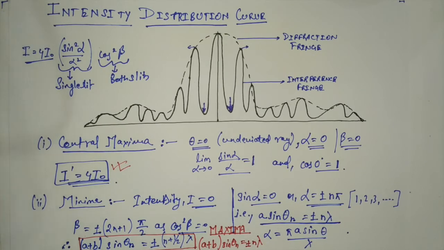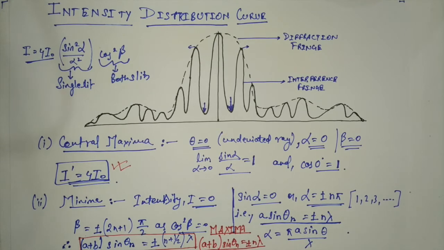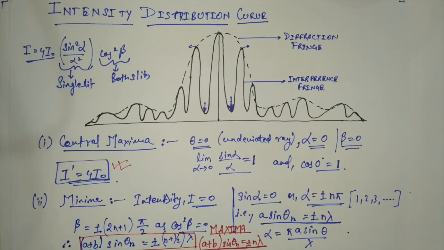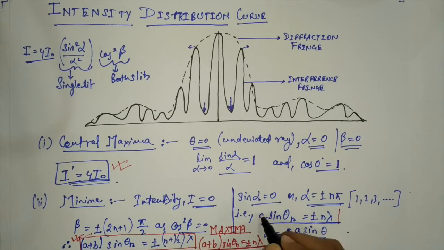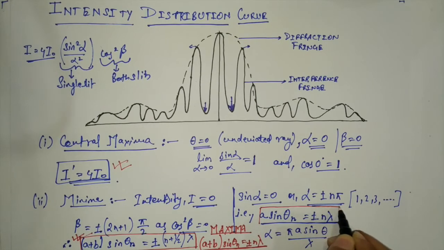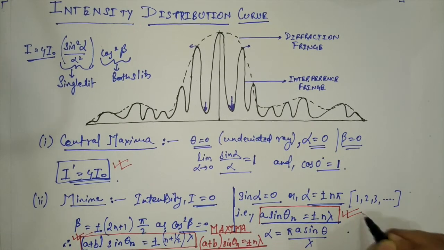So this is the important condition for the occurrence of a maxima, and this is the condition for the occurrence of minima. Remember this value also for sine theta, and this value comes to be n plus half into lambda. So we have just derived and seen the distribution curve of intensity and derived the condition for central maxima, minima and other minimas.